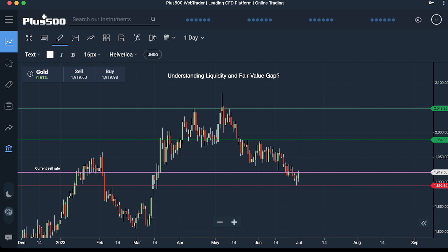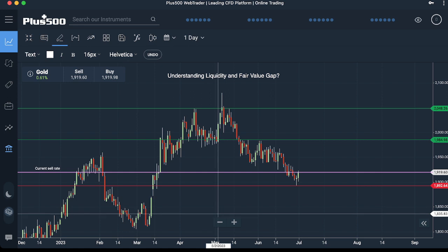So managing trade and also having good risk management is very crucial for you to get maximum benefit out of this strategy.